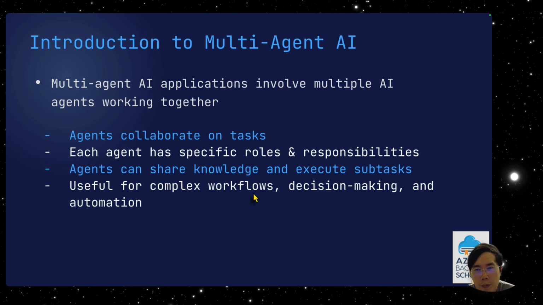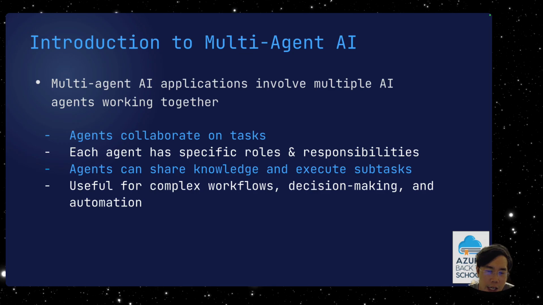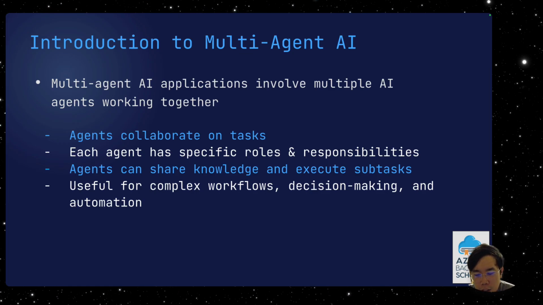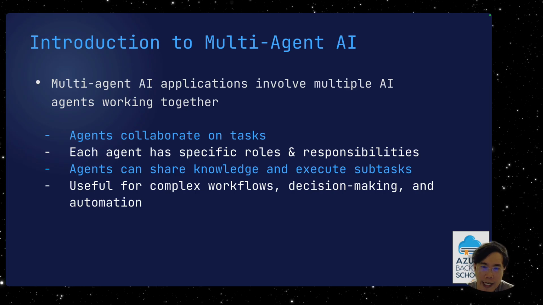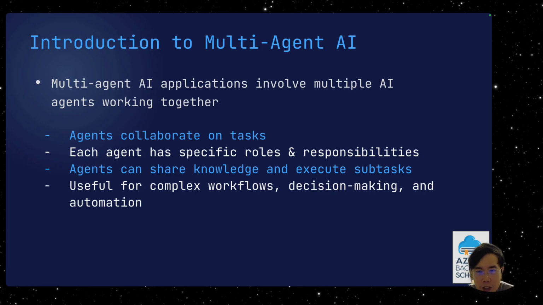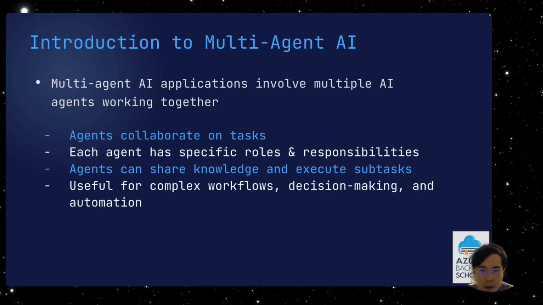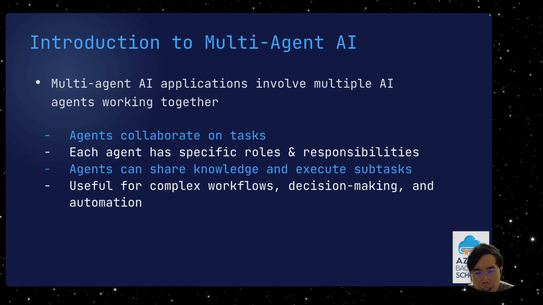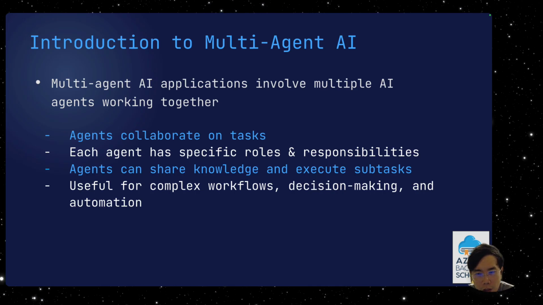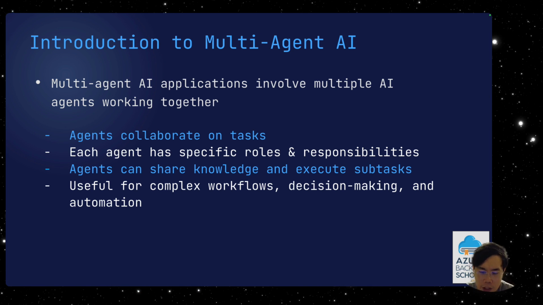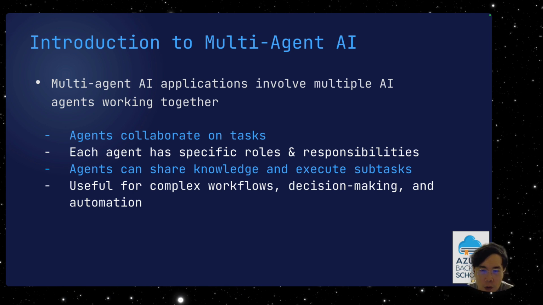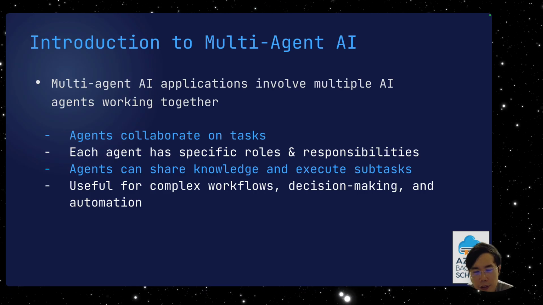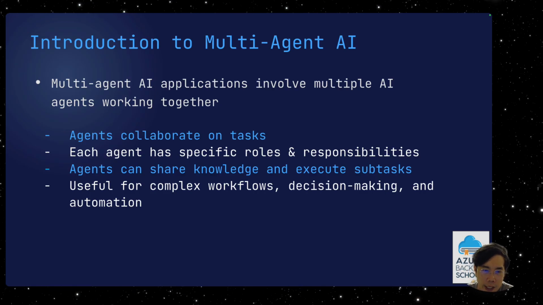So what is multi-agent AI? As you know already, multi-agent AI is about how to use more than one AI agent to work together. That means each agent will try to collaborate on any task, and for each agent we can specify the role and responsibility by giving a detailed prompt.